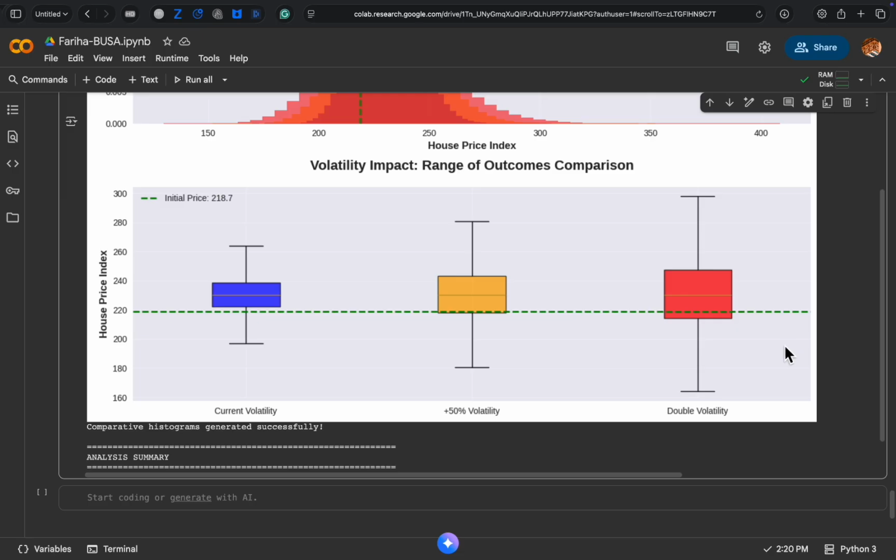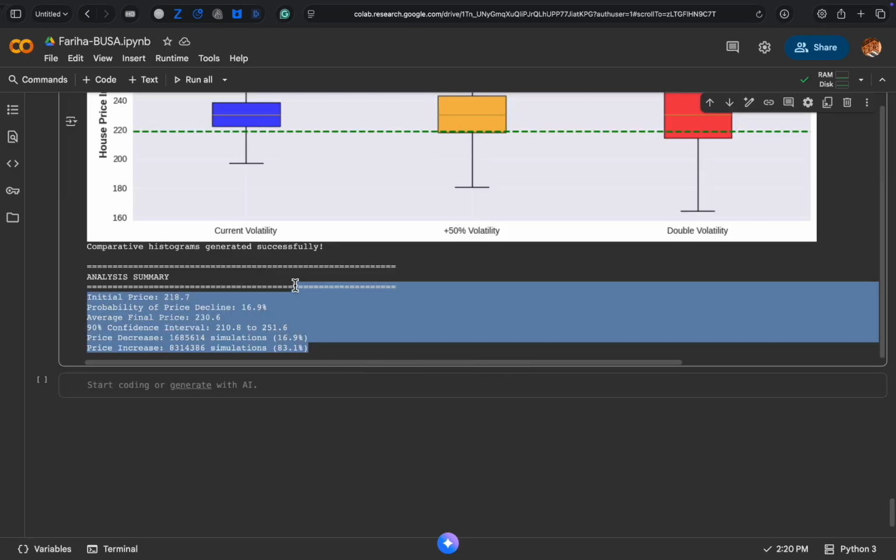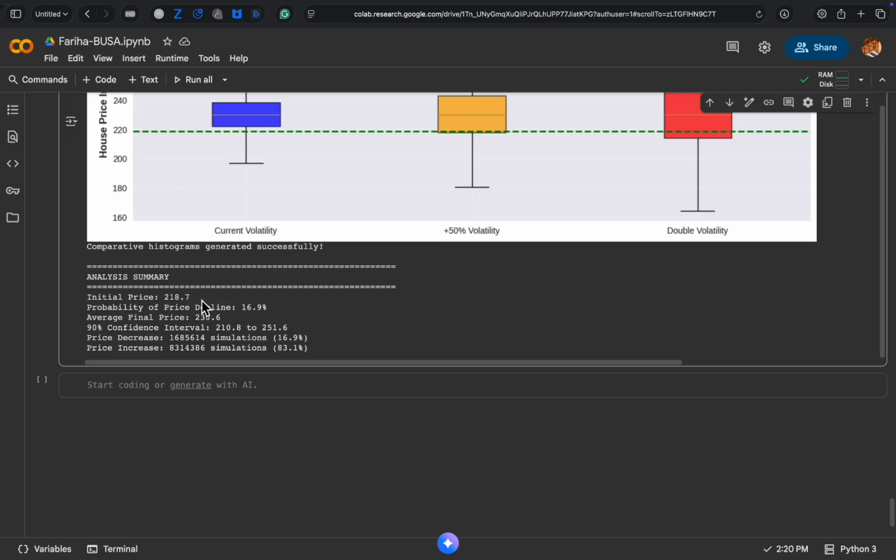All this analysis can be summed up with these few key insights. With our starting price index of 217.8, the Monte Carlo simulation predicts a 16.9% probability of price decline, with the average final price index hovering around 230.